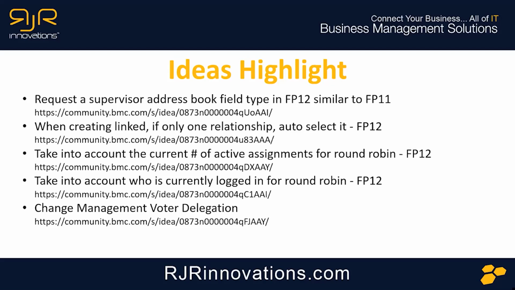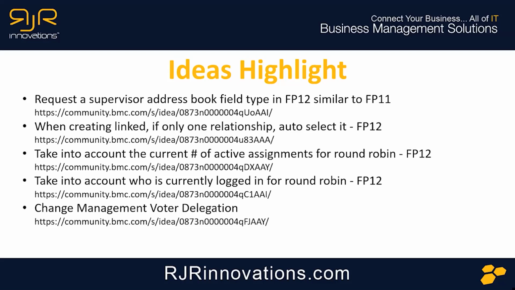If you have 4 people in the team, person 1, person 2, person 3, person 4, it goes 1, 2, 3, 4, 1, 2, 3, 4, 1, 2, 3, 4. It does not have any kind of intelligence to it. So these two feature requests are to bring in the more common logic that you would want or expect in round robin.